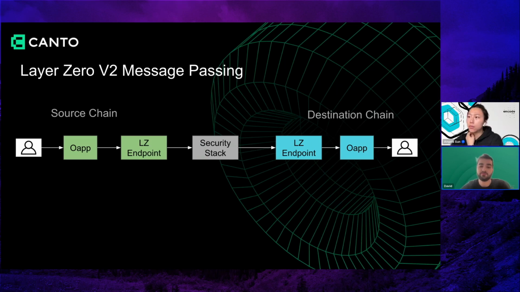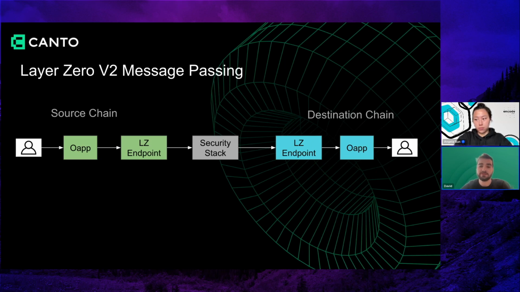Again, this configuration could be the security and the validation needed in the stack itself, but maybe also how the message should be executed on the destination chain. We'll go over those different configs as well. Once this is passed to the endpoint on the destination chain, any user can permissionlessly execute this message, or it'll automatically be executed by an executor that LayerZero runs on the destination chain.